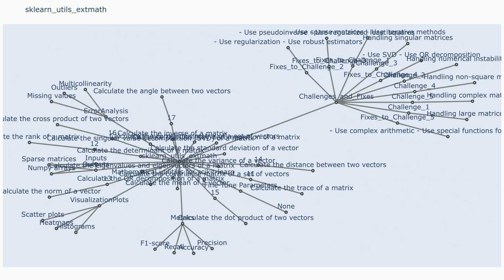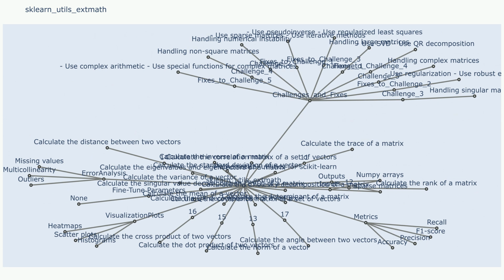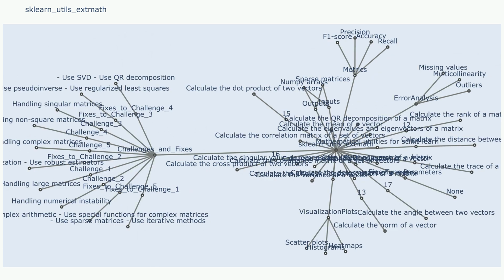Challenge 2. Numerical stability. Sample use case: calculations involving very large or very small numbers can lead to overflow or underflow errors. Fixes. Functions like logsumexp use logarithmic transformations to improve numerical stability, particularly when dealing with sums of exponentials.